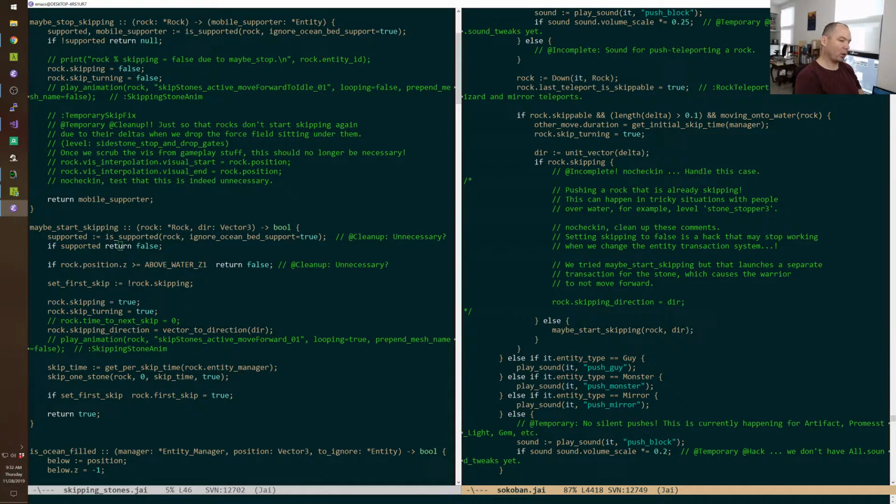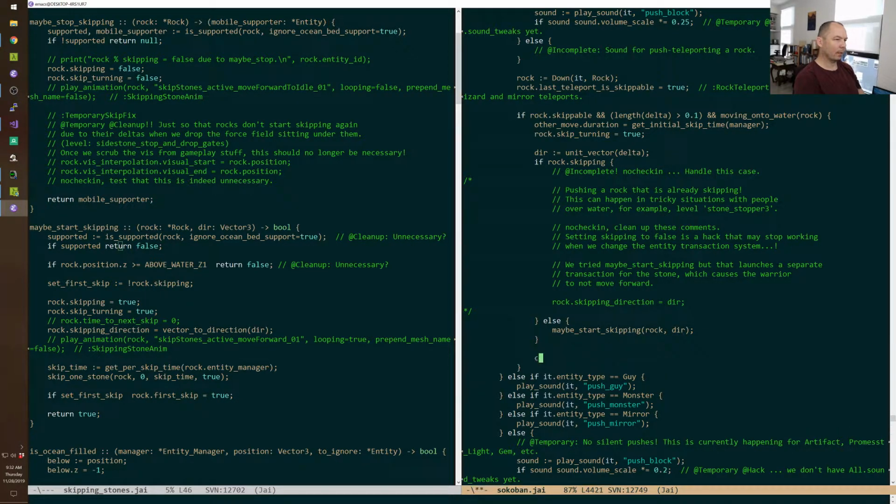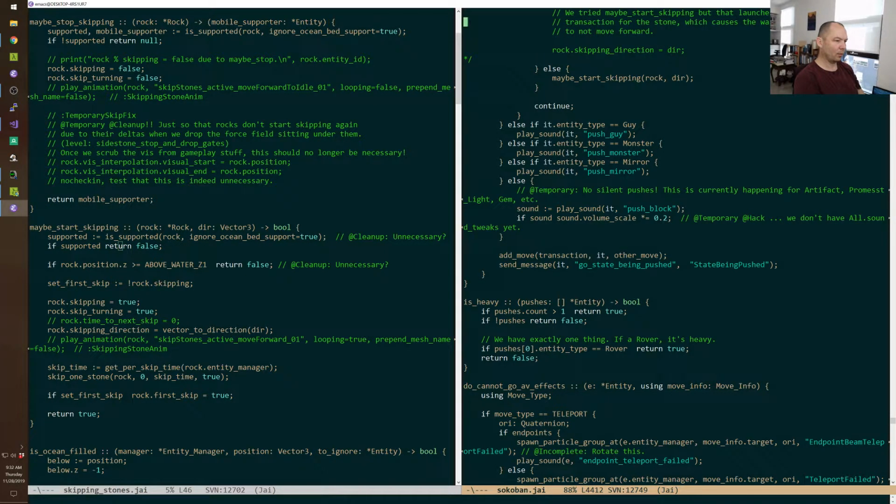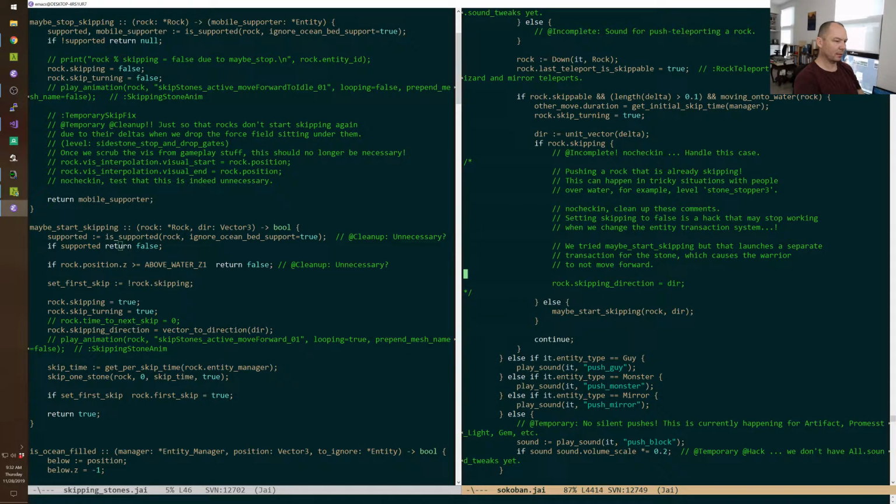We're going to worry about what almost always happens, which is that a rock isn't skipping and then you push it and it is. So we're going to maybe start skipping this, and then we're going to continue, which means that we are not adding it to the transaction. And then we'll see if that causes a problem.